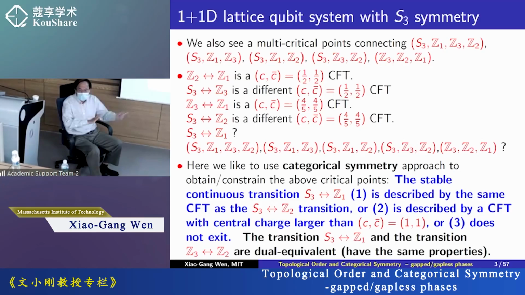They're really completely dual to each other, and this can be seen from the categorical symmetry. Also, if it is continuous, the CFT describing the two transitions is the same CFT. Maybe the naming of operators can switch, but the scaling dimensions, the whole spectrum, are all the same. The central charge is the same.